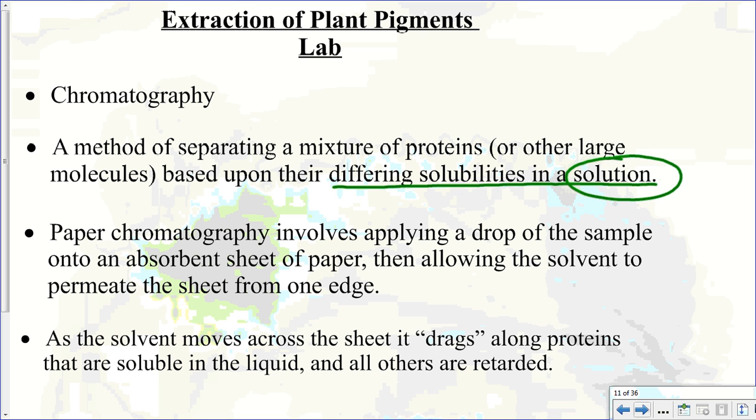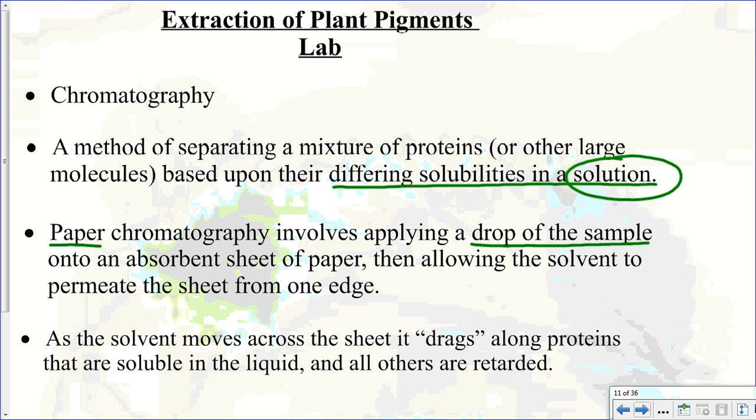So the kind of chromatography that we're using in this lab, it's referred to as paper chromatography, and it involves applying a very small drop of our sample, which is going to be coming from a leaf, onto the absorbent sheet of chromatography paper, placing a portion of the tip of that chromatography paper into a solvent, into a solution.